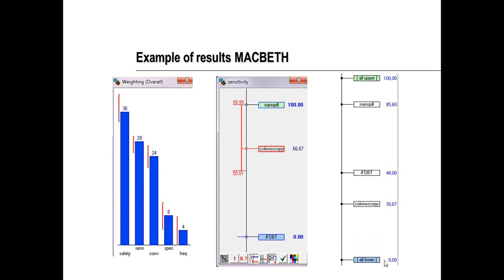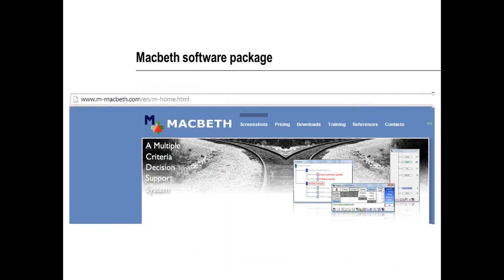And for now, the 0 points are assigned to a fictional technology that would have the lowest preference on each of these decision criteria, and here the highest preference on these decision criteria. And then here you can see the priorities of the 3 real alternatives in our example. And also for those interested in using MACBETH, here you can see the internet page with this program of MACBETH.